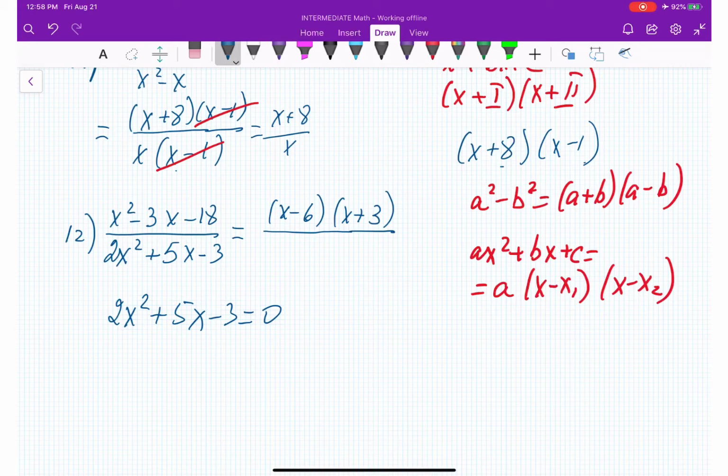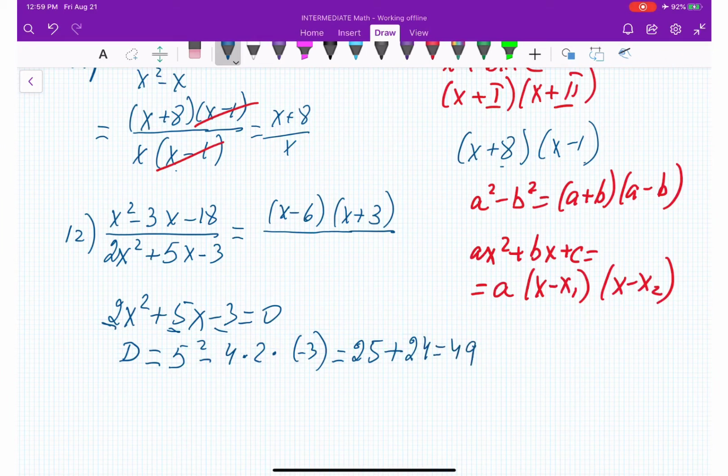So the next step is to find the discriminant, which is going to be b squared minus 4ac. B in this case is 5, so 5 squared minus 4 times a, my a is 2, and c is -3. So the result will be 5 squared is 25, and then plus 4 times 2 is 8, 8 times 3 is 24, which will be 49.